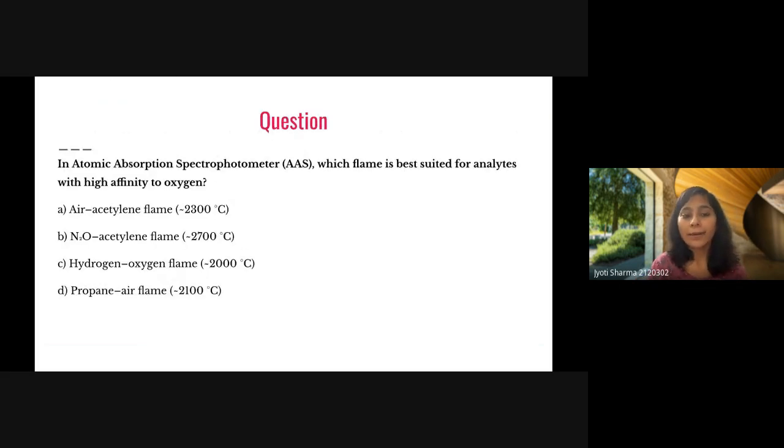Okay, so the one technique is AAS, that is atomic absorption spectrophotometer. Which flame is best suited for analytes with high affinity to oxygen? And you have four options here.